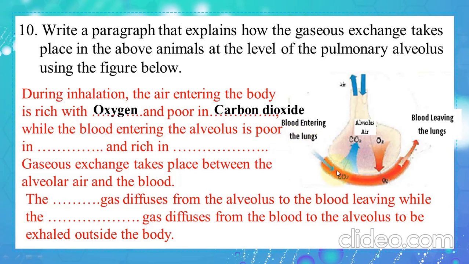while the blood entering the lungs is rich in carbon dioxide and poor in oxygen gas. So here, the process of gas exchange will take place between the alveolus and the blood capillary, so that the carbon dioxide gas diffuses from the blood capillary to the alveolus, while the oxygen gas diffuses from the alveolar air to the blood capillary.